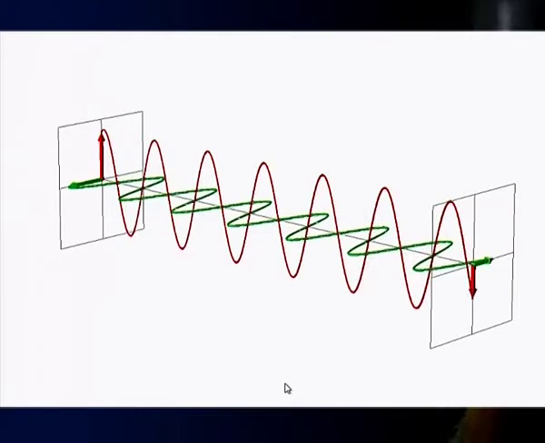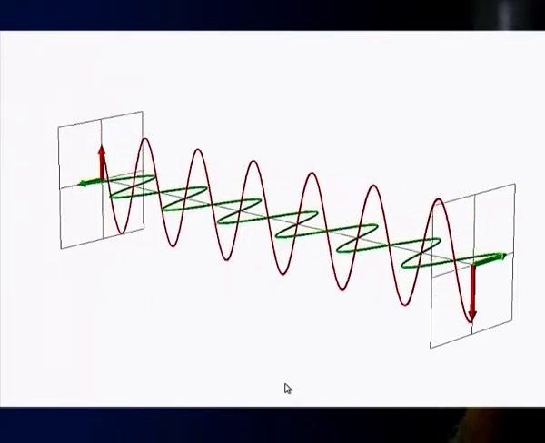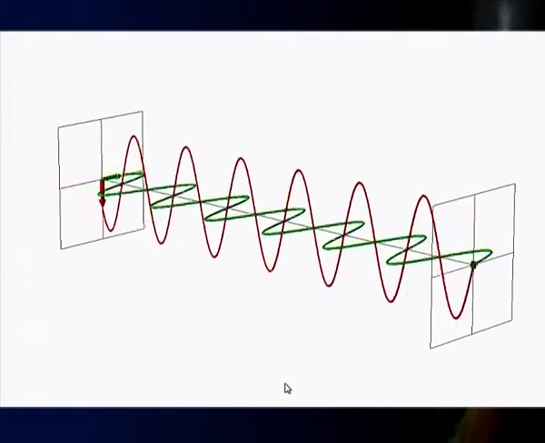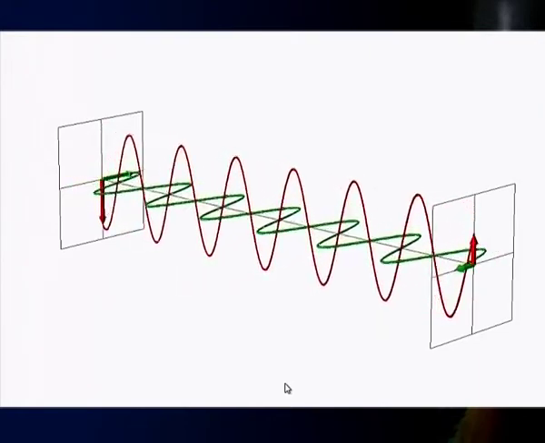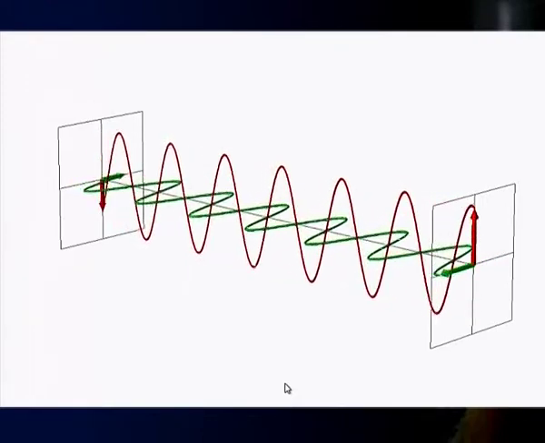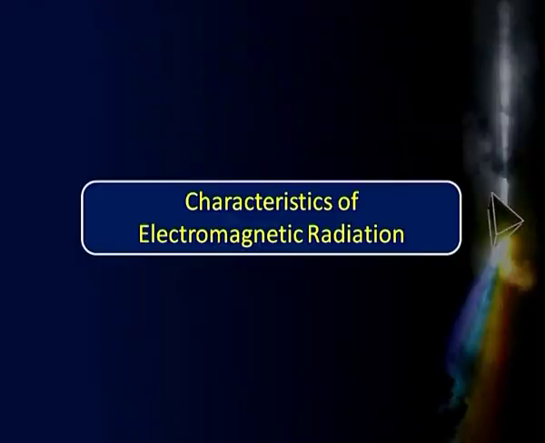What you can observe very carefully is that as the wave moves from far towards you, the electrical component and the magnetic component both run perpendicular to each other as well as to the direction of propagation. So, essentially it is electrical and magnetic fields travelling in planes perpendicular to each other and also to the direction of propagation.